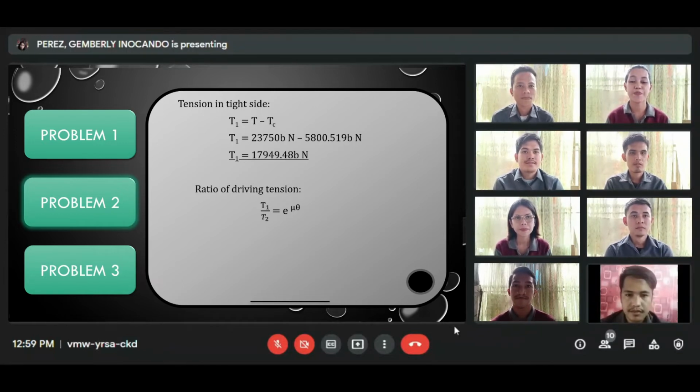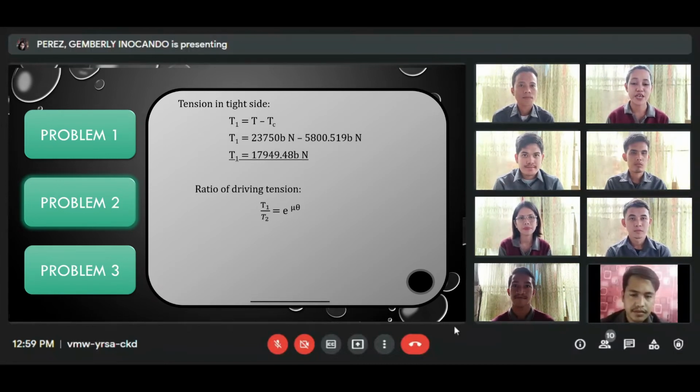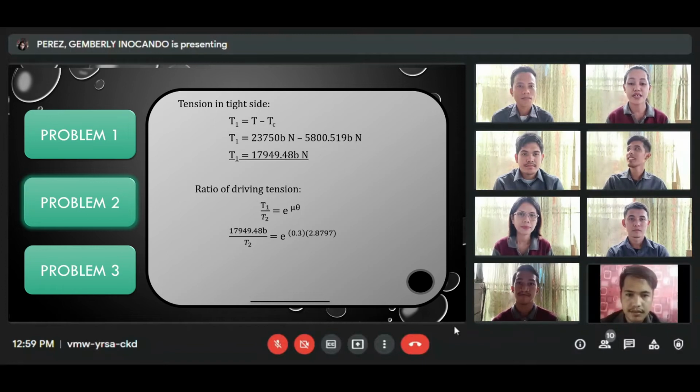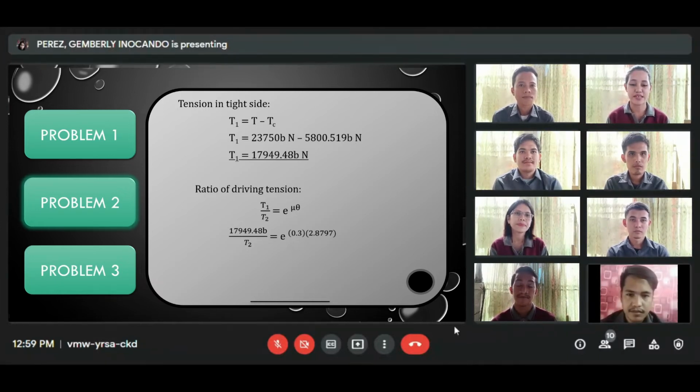Since we already have our value for T1, we also need the value for T2. We use the formula for the ratio of driving tension, which is T1 over T2 equals e raised to coefficient times angle. Substitute the value for T1: 17,949.48 B over T2 equals e raised to 0.3 times 2.877.